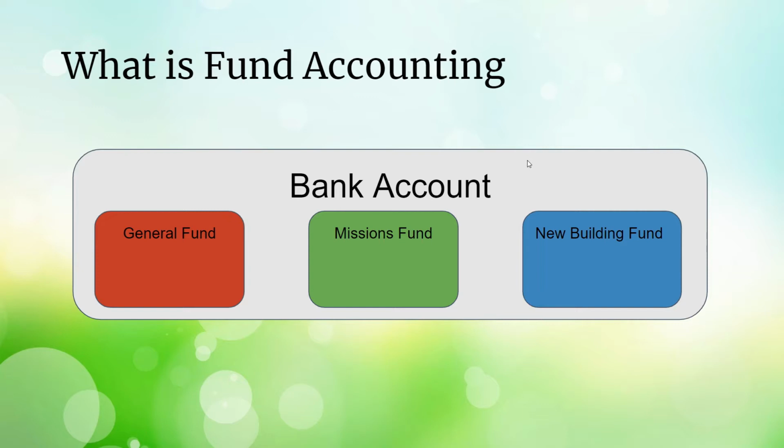So the great thing is when you throw all that money into your bank account and you spend some or add some more, at any given time, you're going to know how much money in that bank account is for your general fund, how much is for your missions fund, and how much is for the new buildings fund. So that's what fund accounting is all about and why it's different than just normal accounting.